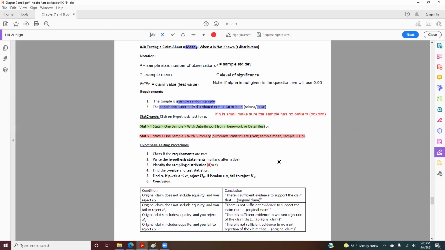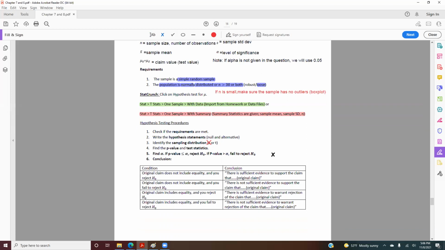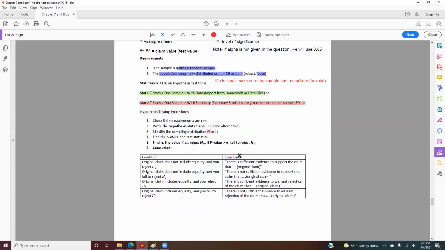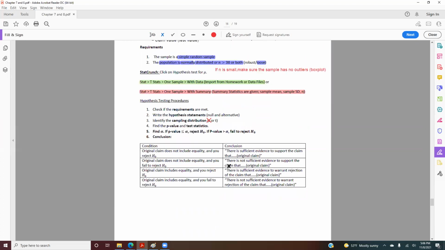Then you use StatCrunch to find the p-value and the test statistic. After that, you look at your alpha, the level of significance, and figure out if your p-value is less than or greater than alpha, reject or fail to reject. Same types of conclusion. This is all copy and paste from 8.2. And then don't forget to answer the question.